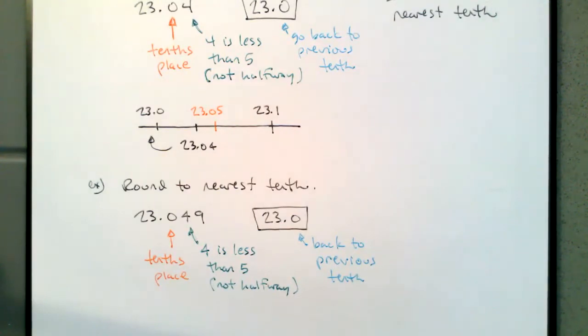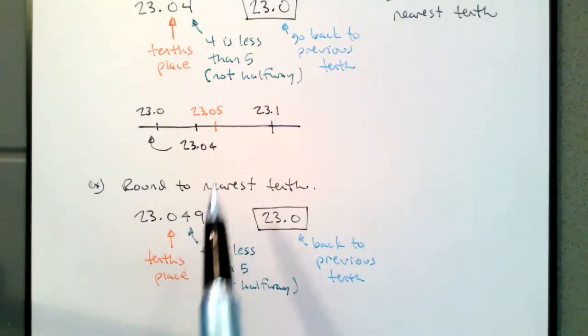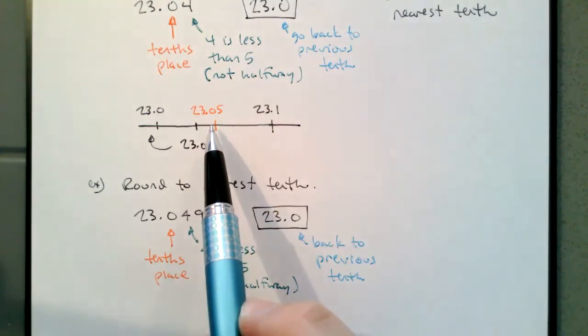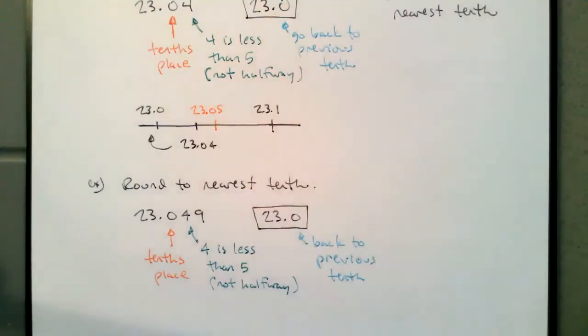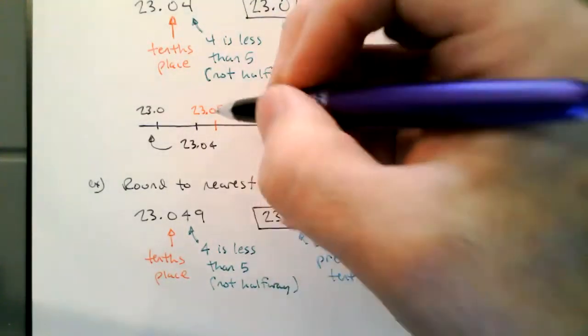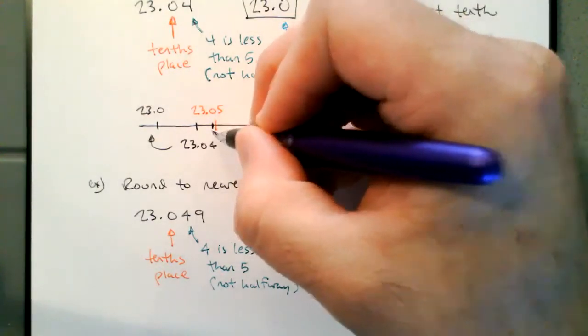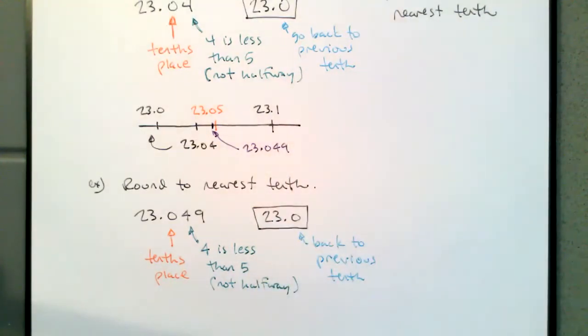And we go back to the previous 10th. We think about 23.049. 23.049 is still before 23.05, which is halfway. It's very close. But it is not halfway. So back to 23.0 it goes. Any questions?